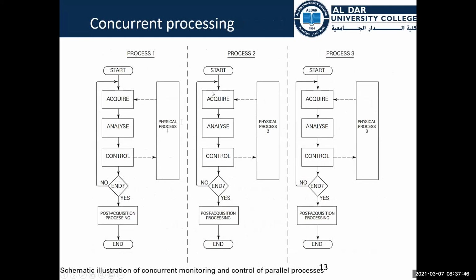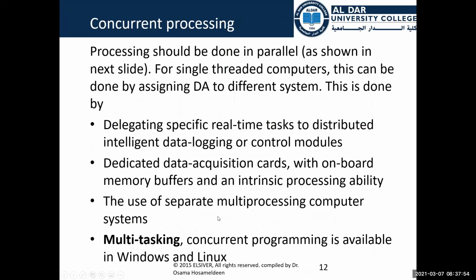Process 2 is assigned to another processor, and process 3 is assigned to a third processor. This is multi-processing. It's different from multi-programming. In multi-programming, we have a single CPU, and that single CPU is doing round robin to have the ability of doing multitask. Okay, these are the solutions for concurrent processing.